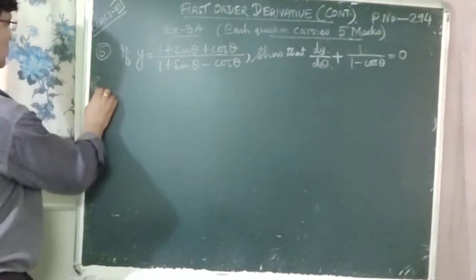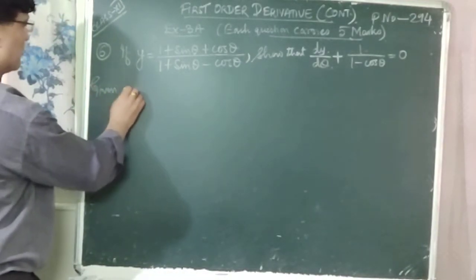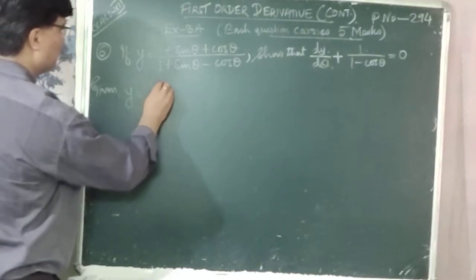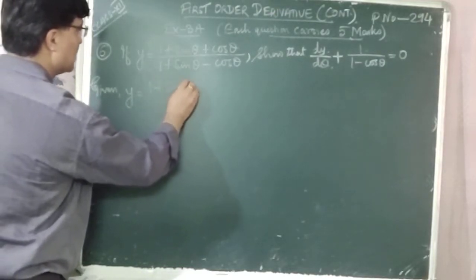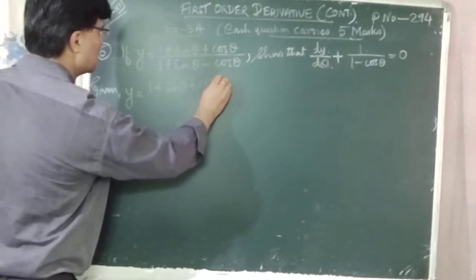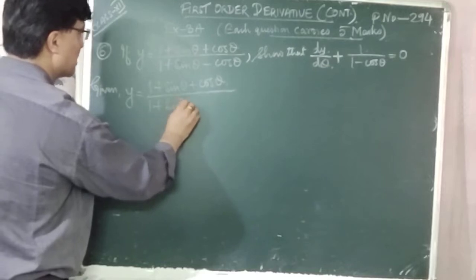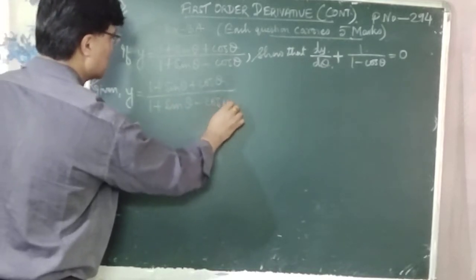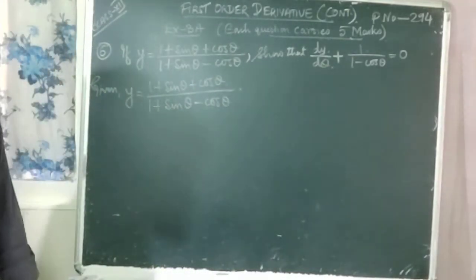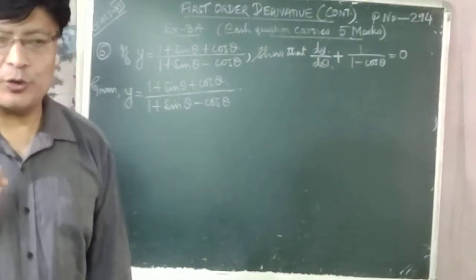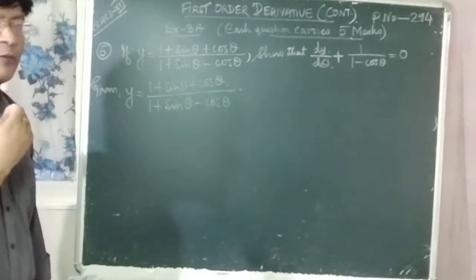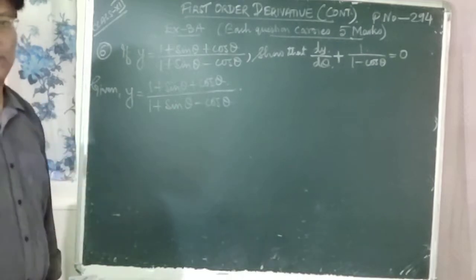So from given, we write y is equal to (1 plus sine theta plus cos theta) divided by (1 plus sine theta minus cos theta). Don't differentiate it directly. If you can use the formula from trigonometry, use that formula.